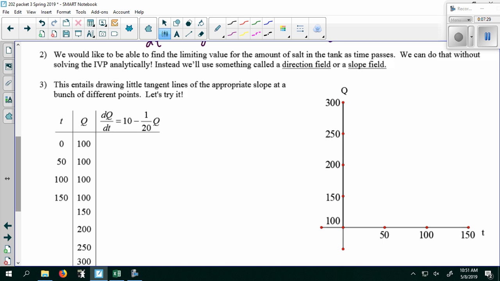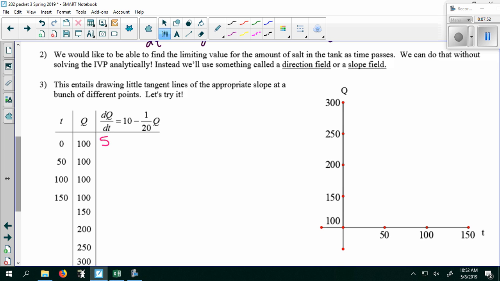So I'm going to pick some points, calculate the slope of the tangent line, and draw a little mini tangent line at that point. So if I plug t equals 0 and q equals 100 into dq dt, I get 10 minus 5, which is 5. Just replacing the q in this equation with a 100.